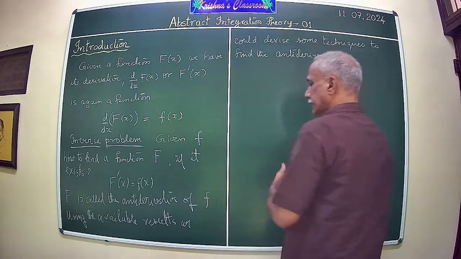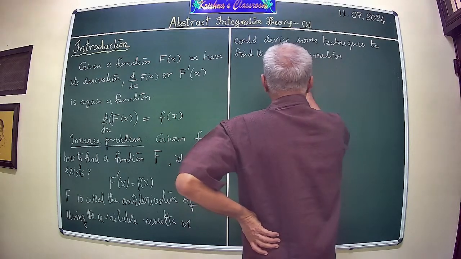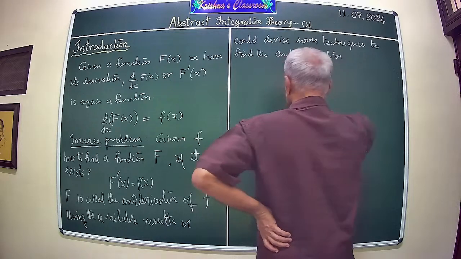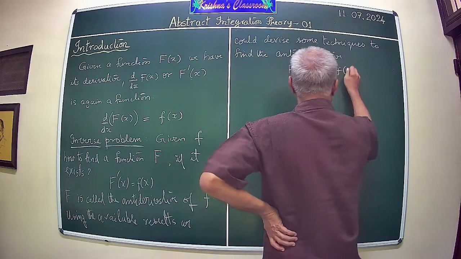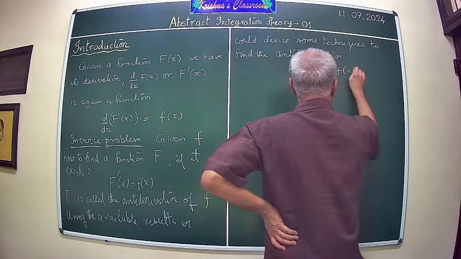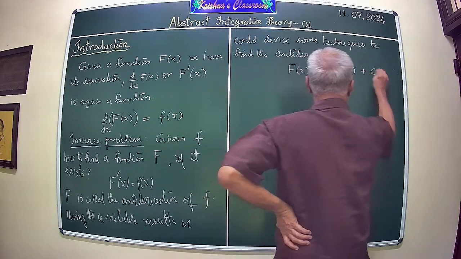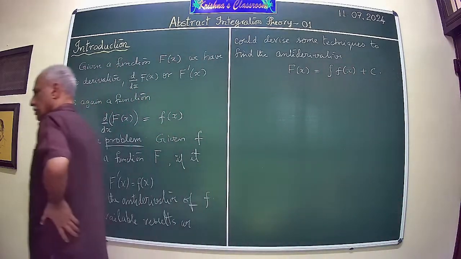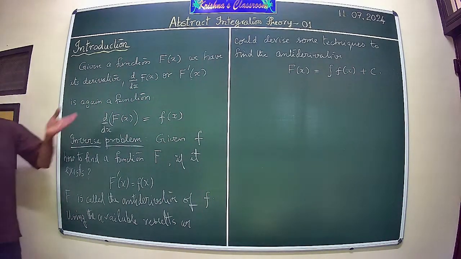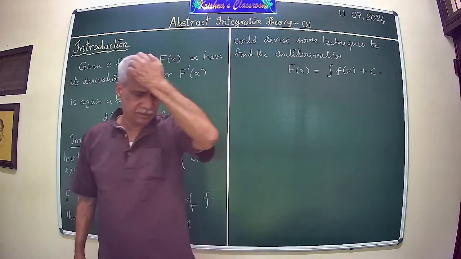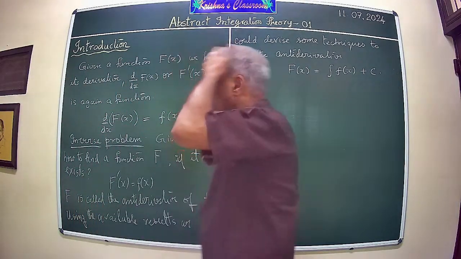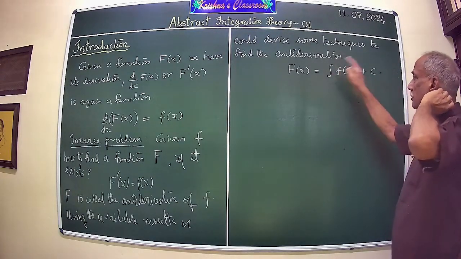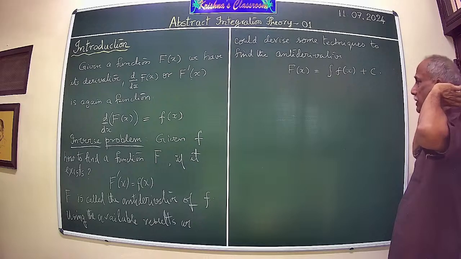And of course, the antiderivative was the integral of f of x plus an arbitrary constant, because it was found that the derivative of an arbitrary constant a is 0, and therefore addition of any constant to this integral will not make any difference.